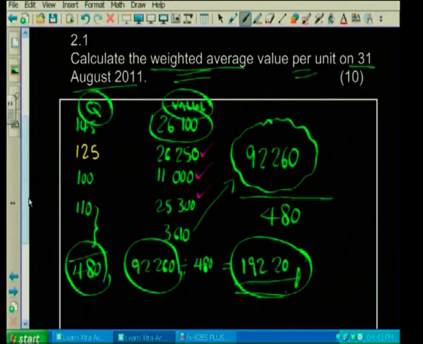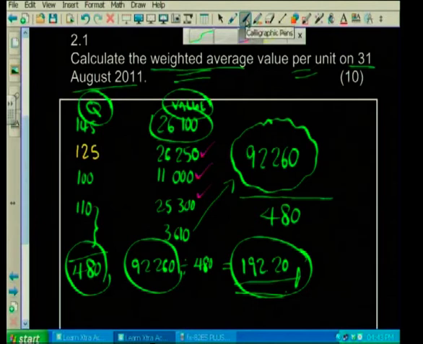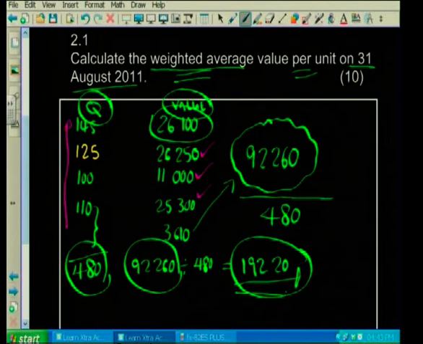Understand, when we say bottom up, we are saying start at the bottom and work yourself up to calculate your amount of shoes that you have on hand. So in other words, what does FIFO mean? First in, first out. Good? That means the goods that came in first are the goods that are sold first. In other words, the goods that you bought last are the goods that are left over.